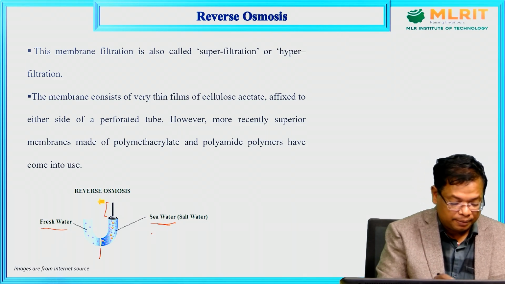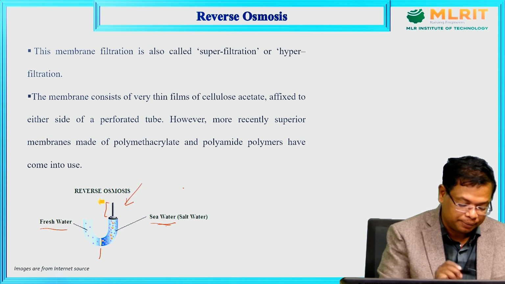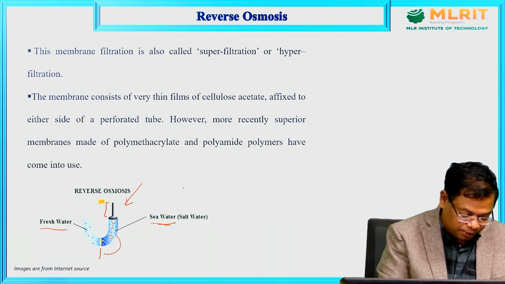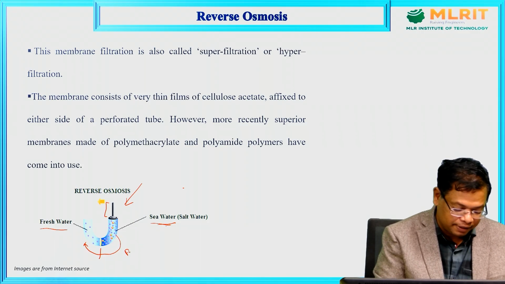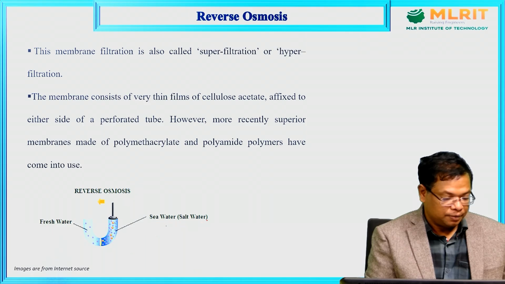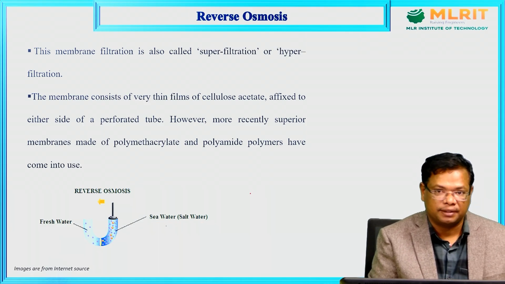Then when you apply an extra pressure here, the solvent flows from the concentrated to the low concentrated solution. So that is called reverse osmosis. We can see this process very clearly in the next slide.